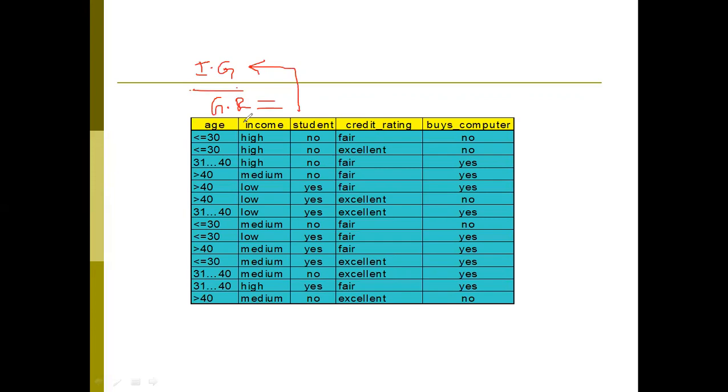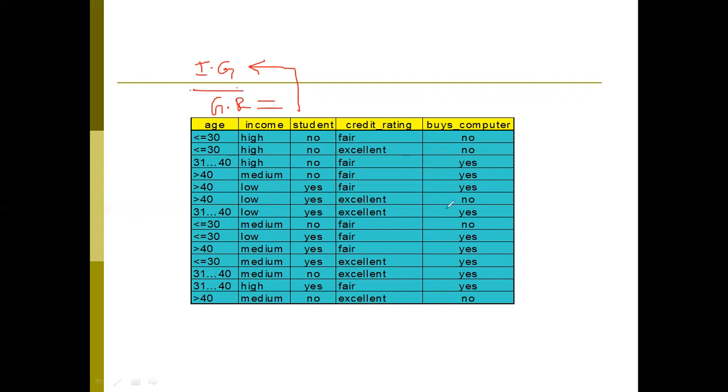So first of all, you should calculate the ID3 algorithm measurements by using information gain. After calculating those, by using those information gain values only, we are going to calculate the gain ratio, isn't it? So this gain ratio is also a successor of information gain. Here I am using two different words: information gain and gain ratio. Is it clear? Right.